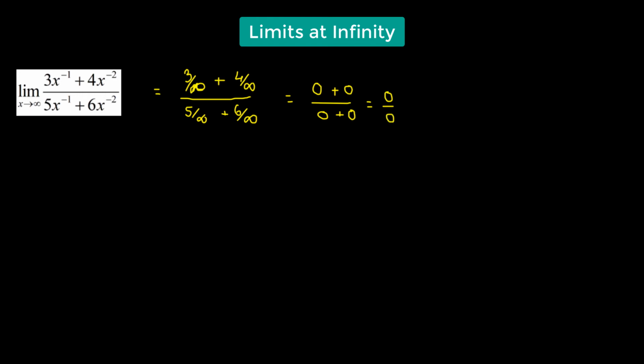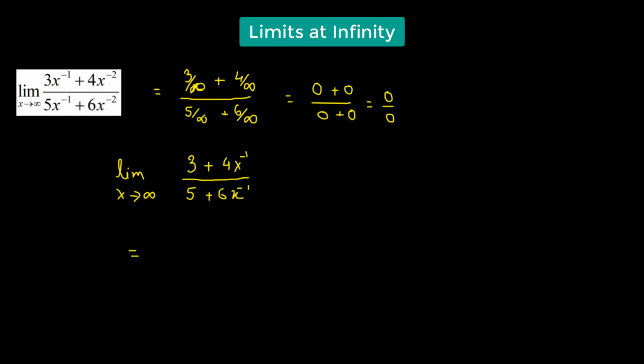Now what we're going to do is factor out the highest term of x from both the numerator and the denominator. So the highest power of x is x to the power of -1 here. So we divide both numerator and denominator by the highest power of x. That will leave us with 3 plus 4x times x raised to the power of -1, divided by 5 plus 6x times x raised to the power of -1.